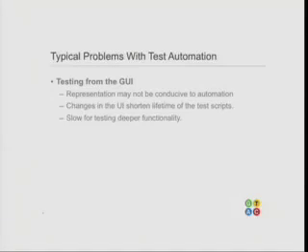From the GUI, the problems that we've had are that the representation of the GUI is not necessarily, and most often not, conducive to automation. You're not creating the UI so that people can automate the testing on it. You're creating it so that it's usable. And the two things don't necessarily go hand in hand. The second big problem that we've always had is that changes in the UI mess around with your testing cycle.